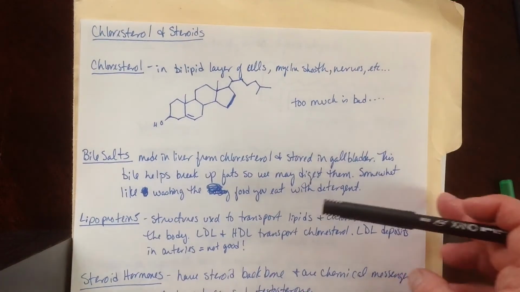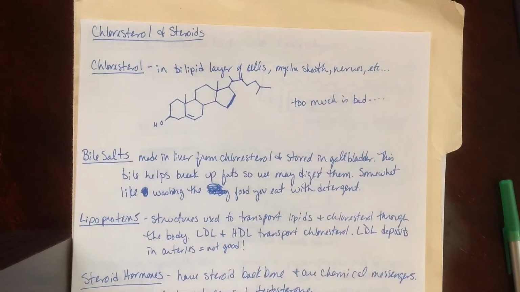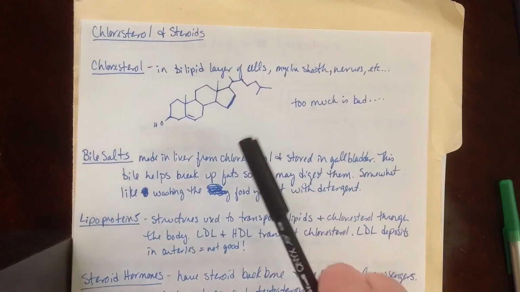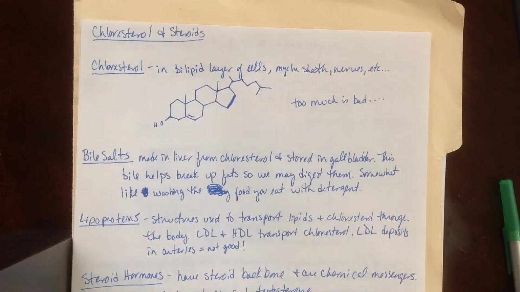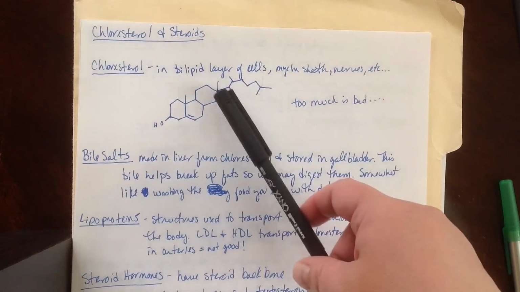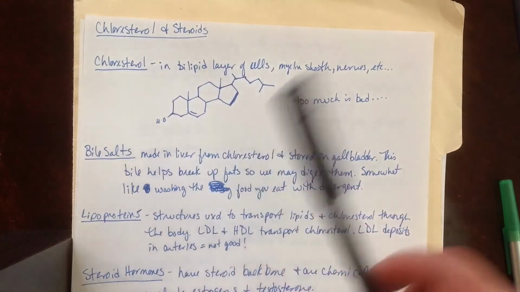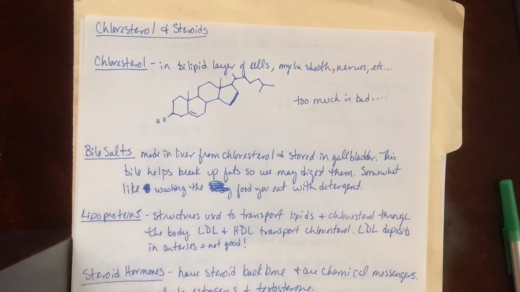Okay. Other things that we need to know, cholesterol and steroids. So this is cholesterol itself, actual cholesterol that you've been told about. This is needed in the bilipid layer to a certain extent. If not, your entire cells fall apart. So it gives some rigidity to those cells, cell membranes.